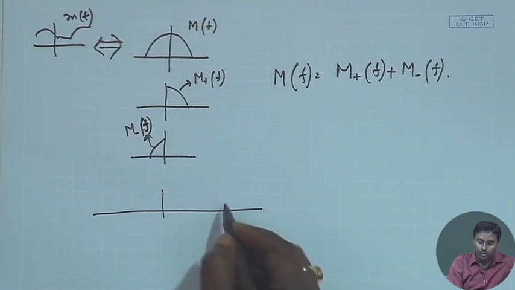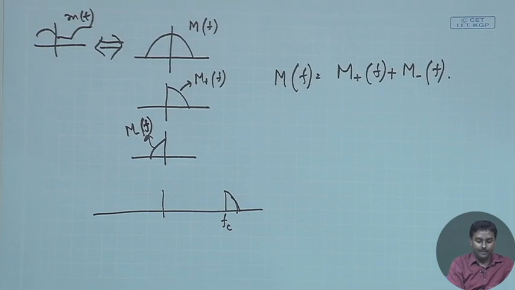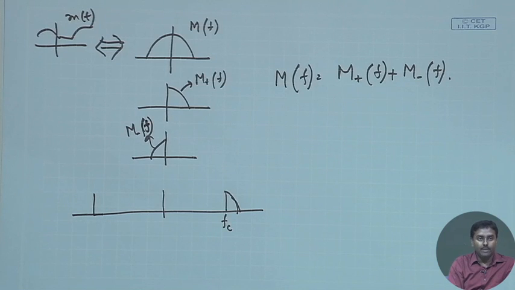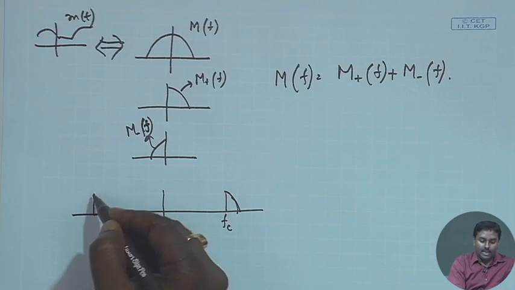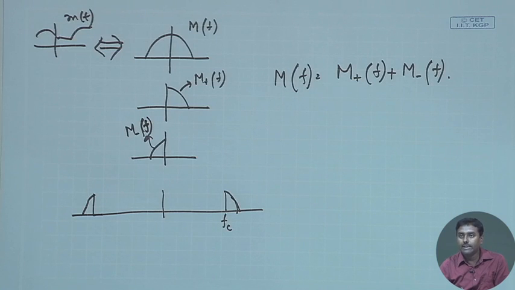So when I do modulation at FC, I just put one of them. In the negative half, what should be remaining? It should be the other one, because it needs to be symmetric, otherwise the signal will not be real, and I cannot transmit a complex signal in the air. That is not possible. I cannot even generate a complex signal. Complex signals are just a representation.